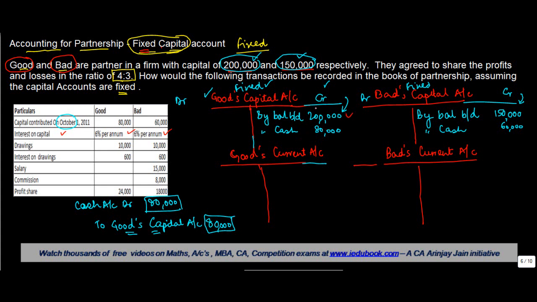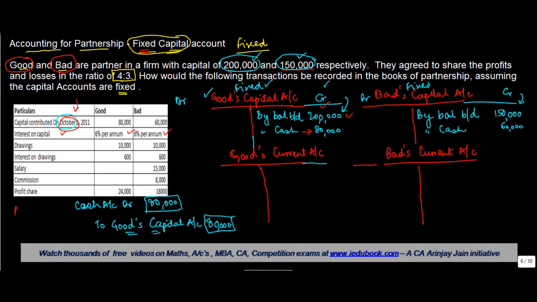Assuming it's a March year end, because that's what you typically follow in India, this balance would have stood for the entire year. So on 200,000 you will pay 6% per annum interest, but this 80,000, if you notice, came only on October 1, which means this money was used only for 6 months.